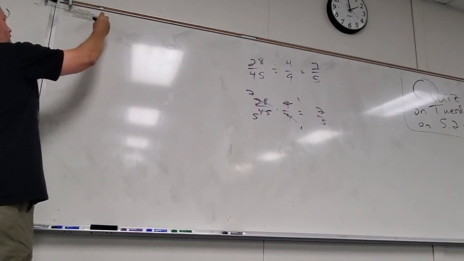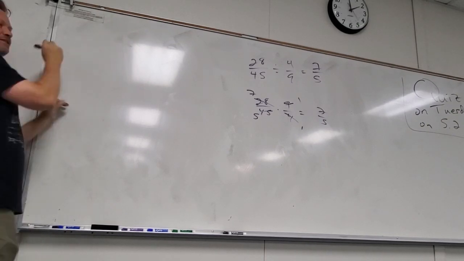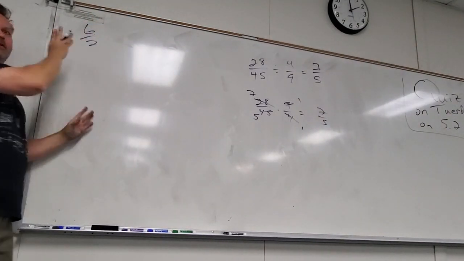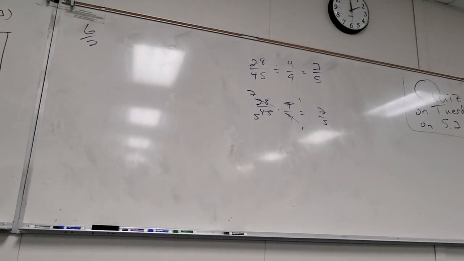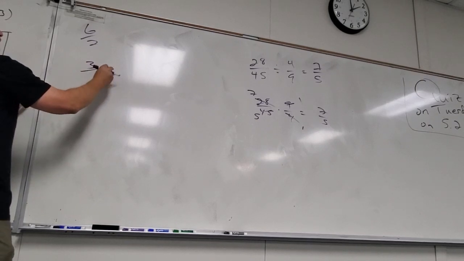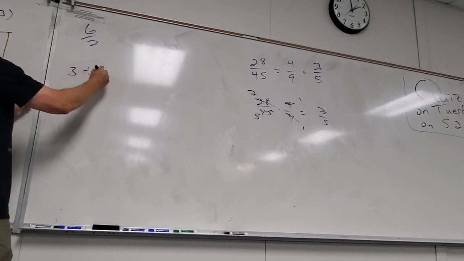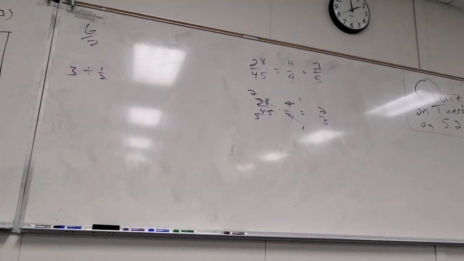So let me come back to what you're going to, let me see. If I were a student here, I would count on. All right, 6 divided by 2. That means how many 2's fit into 6, right? So if I do 3 divided by a half, another way to look at that is how many halves fit into 3, right?